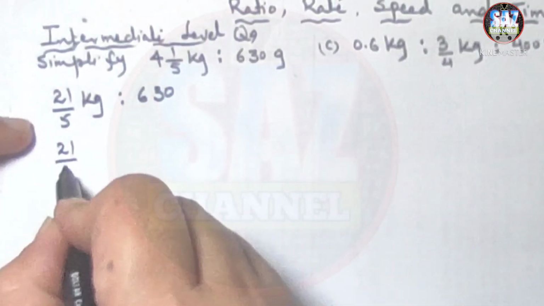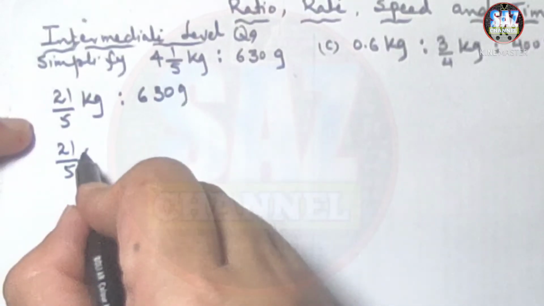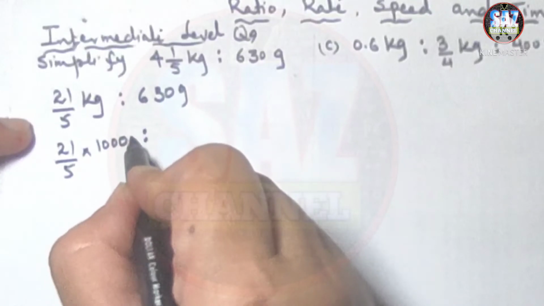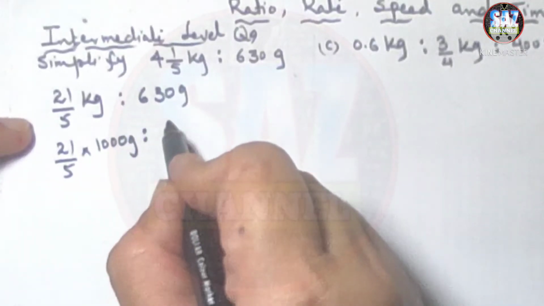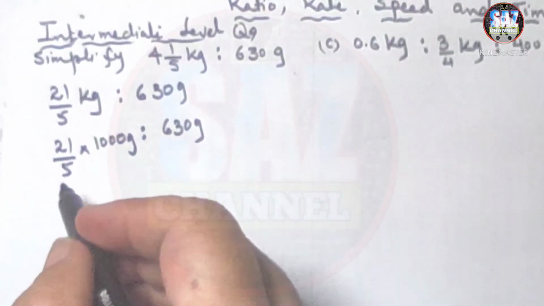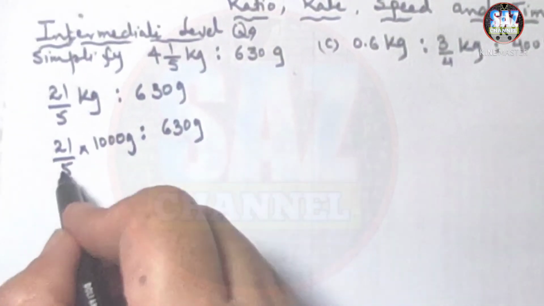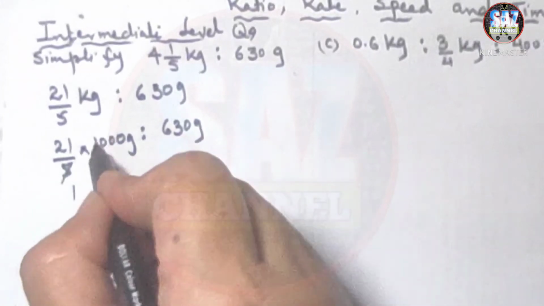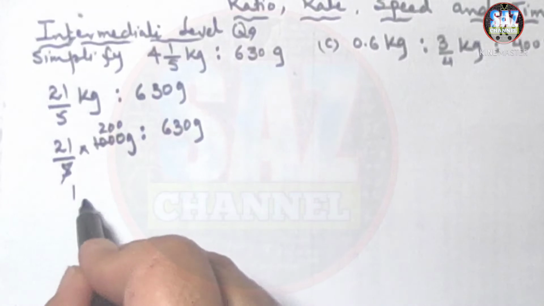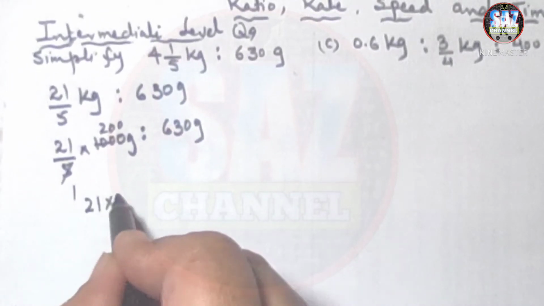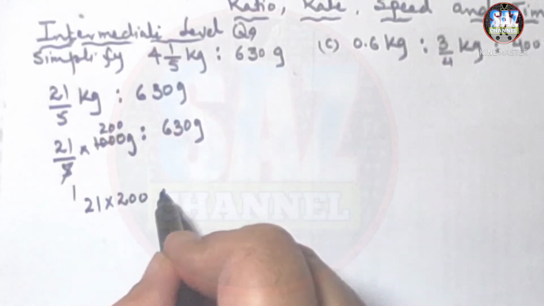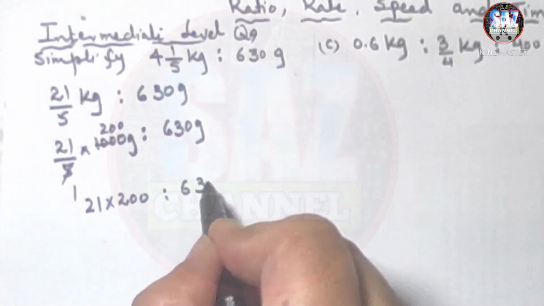21 by 5 multiplied by 1000 ratio, and here we can write the grams. In the next step we'll be leaving this because the gram will go with gram. Now 5 twos are 10 and zeros are, 21 multiplied by 200 ratio 630.